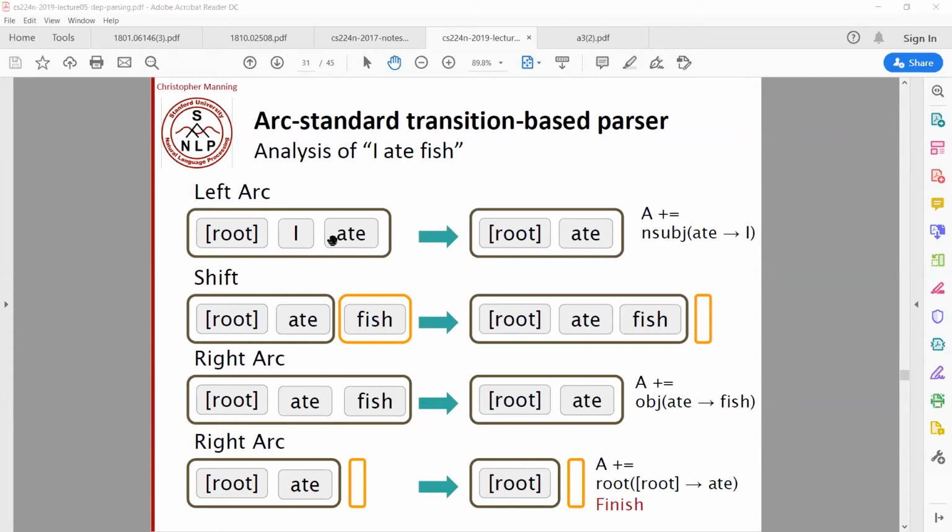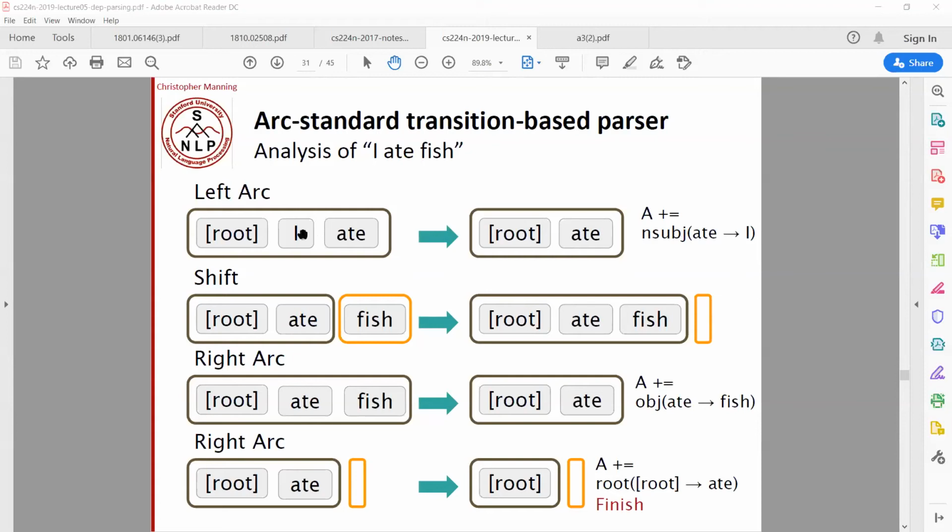It compares these two words and decides that ate is the root. So it's built this arc that goes from ate to I, a dependency arc that shows that I depends on ate. So far, so good? Yep.